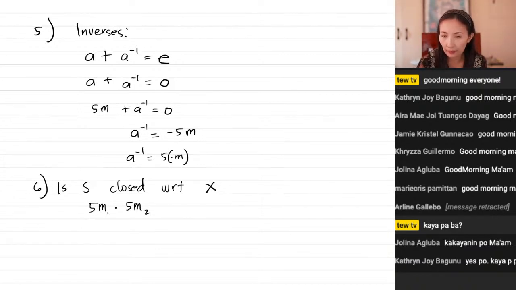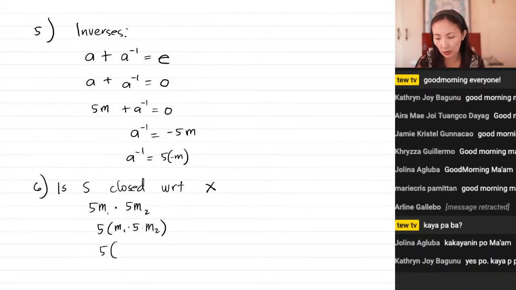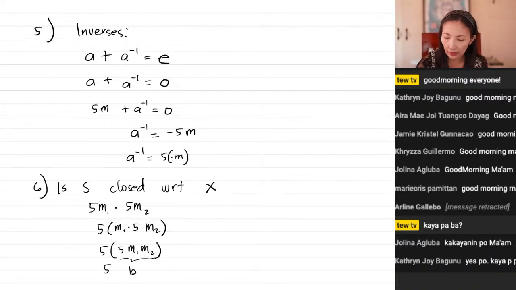So from here, we could group together m1 times 5 times m2, and by commutativity of ordinary multiplication in the set of integers, then 5 times m1 times m2, which is 5m.